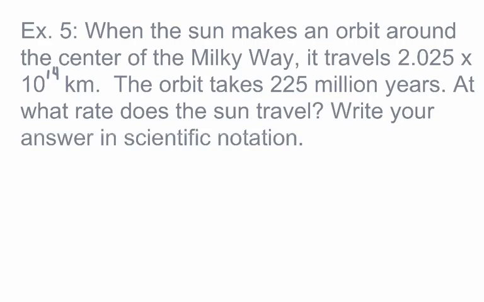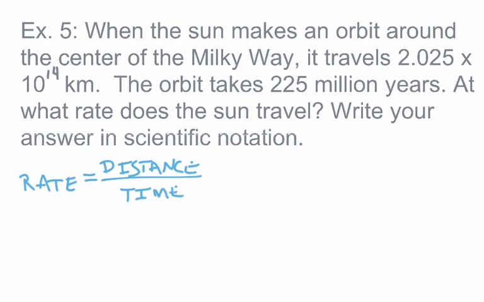So in order for us to do this one, we first need to understand that the rate is going to be equal to distance over time. Okay? Rate is equal to distance over time. So our distance we have as 2.025 times 10 to the 14th kilometers.